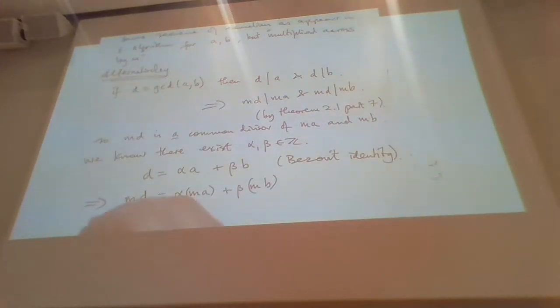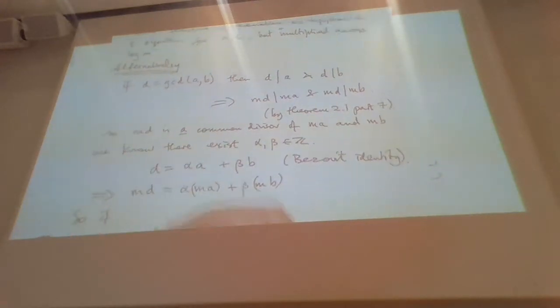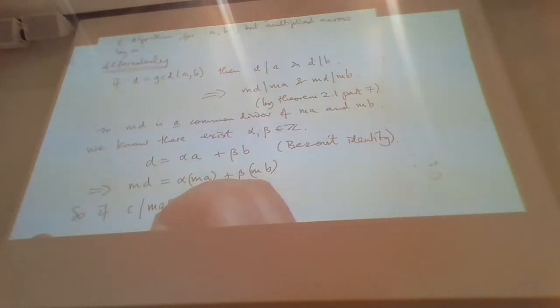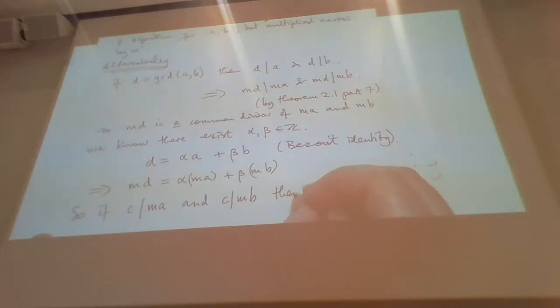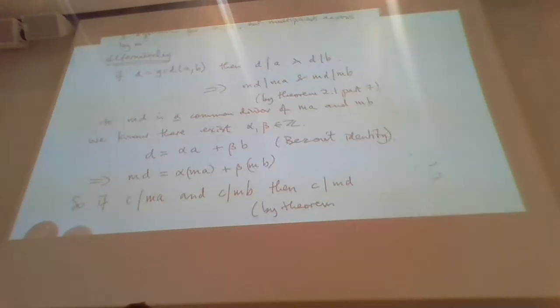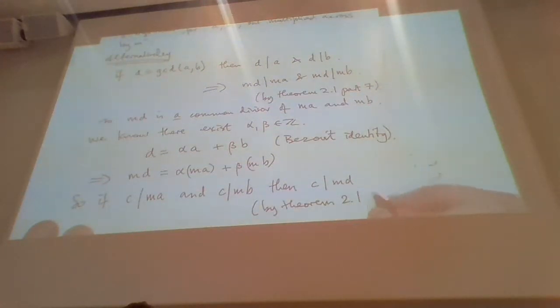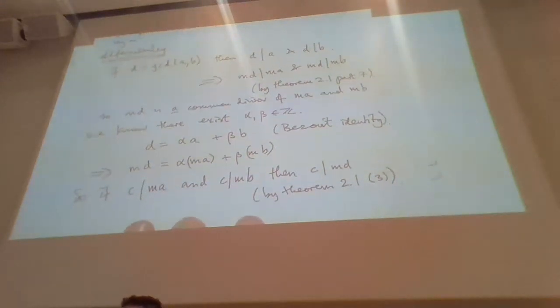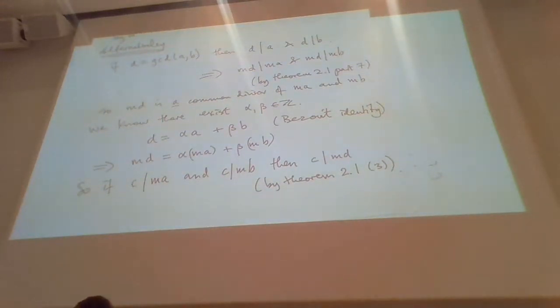Okay. So if C is any other common divisor, C divides MA and C divides MB, then C must divide MD. And that's true by theorem 2.1, part 3, the divisibility of linear combinations: if some number C divides X and Y, then it also divides any linear combination.